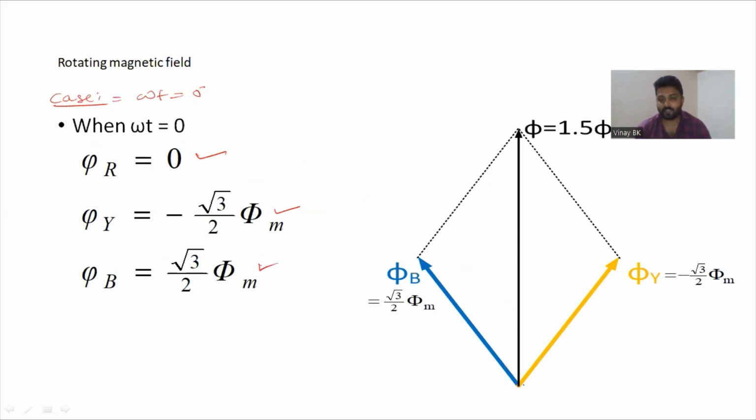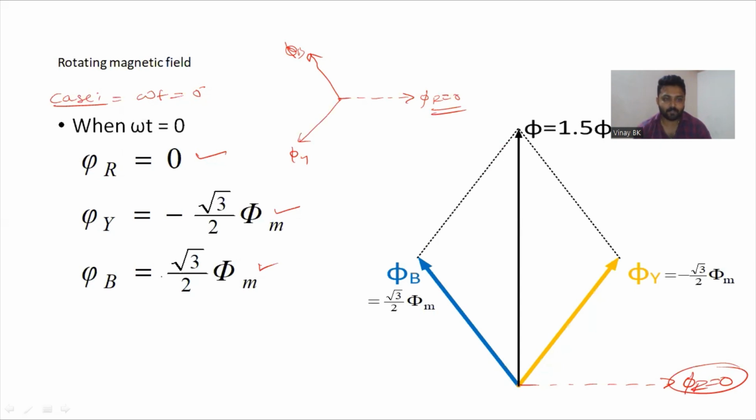Since phi R is 0, you are not considering it. But by adding phi Y and phi B, observe that the phasor diagram will be like this: phi R, phi Y, phi B. For the first case, phi R is 0, so you're not considering this phase line.